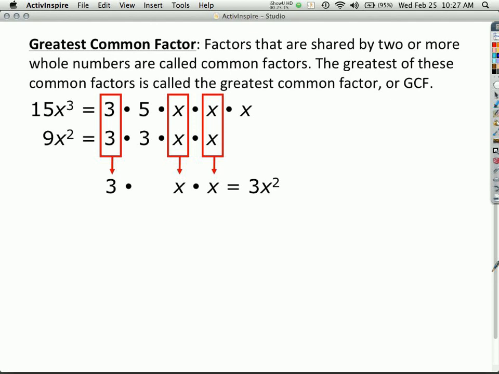If we find the prime factorization of this expression, and find the prime factorization of this expression, we can use that information to find that. That right there is the GCF, the greatest common factor of these two expressions. And that is our ultimate goal.